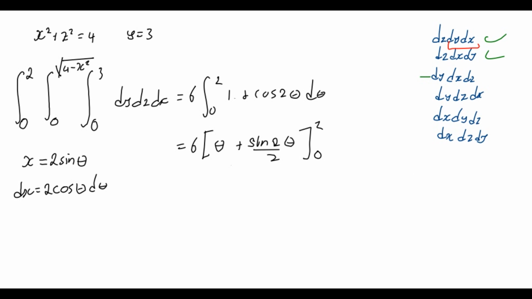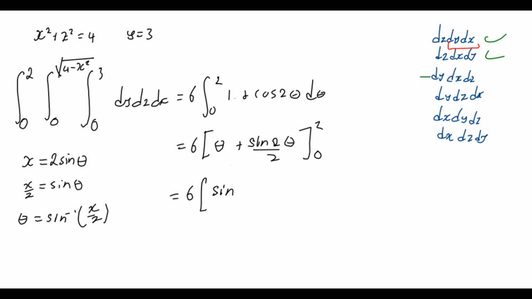We are saying x is equal to 2 sine theta, so x over 2 is equal to sine theta. It simply means theta is equal to sine inverse of x over 2. So this would be 6 times sine inverse of x over 2 plus sine of 2 times sine inverse of x over 2, everything divided by 2.